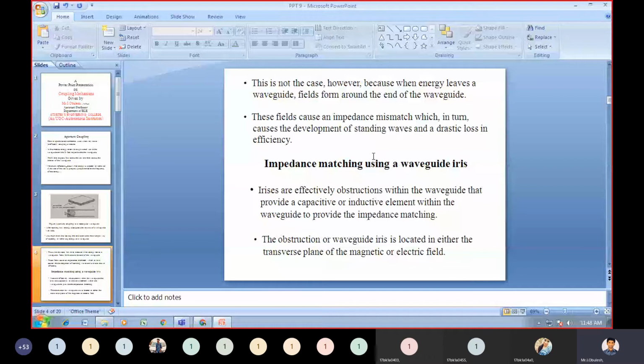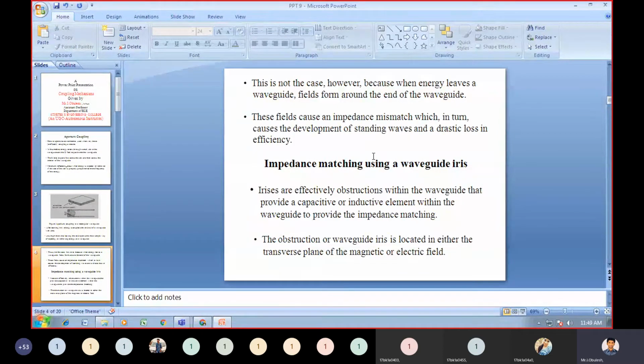Next, coming to the next topic: impedance matching using a waveguide iris. Irises are effectively obstructions.